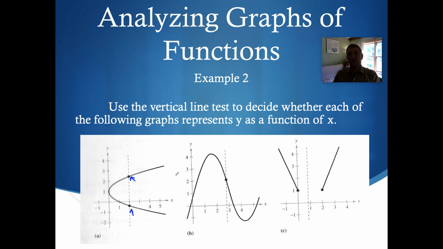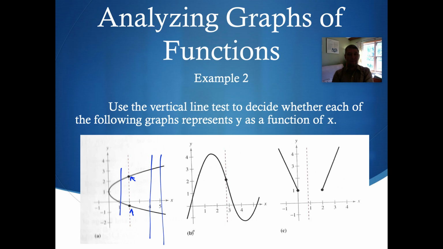And so the vertical line crosses the relationship twice. As a matter of fact, I could draw this here or here or here, and it doesn't matter where I draw it on this particular relationship, I'm going to find out that it hits the graph more than once. And so this means that graph A is not a function.